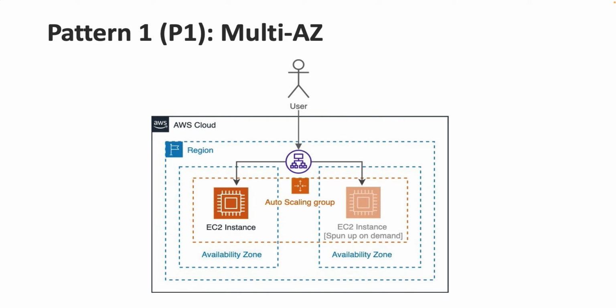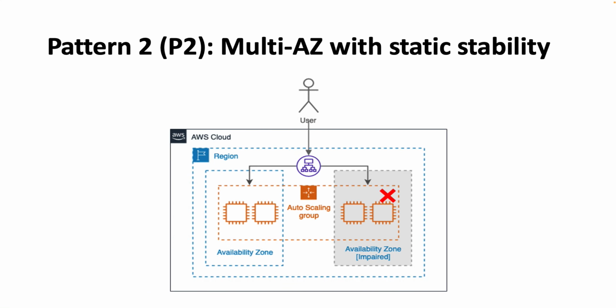It's different from the first pattern, where we saw bimodal behavior in terms of an EC2 instance taking time to spin up in case it needs to be provisioned. Here you can already see two pre-provisioned EC2 instances, and this is exactly what a statically stable system means.